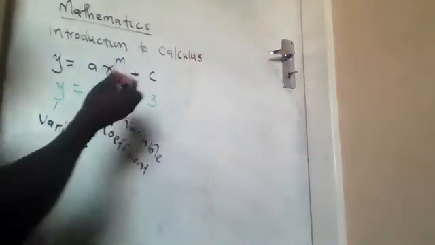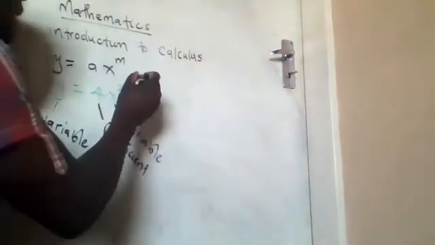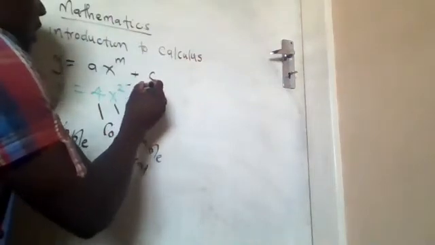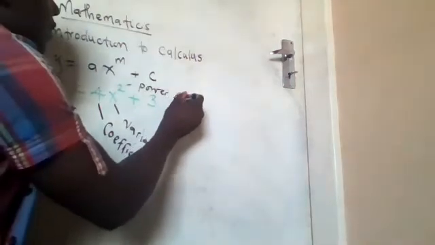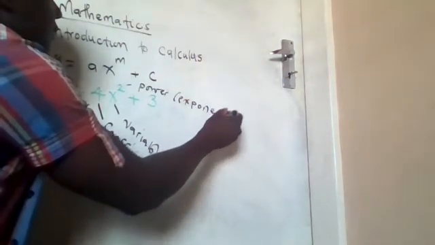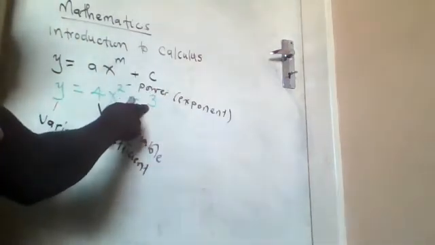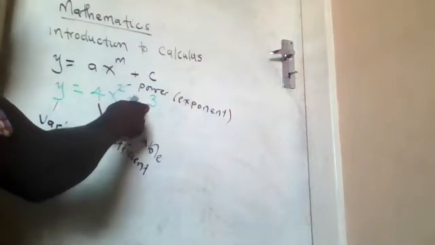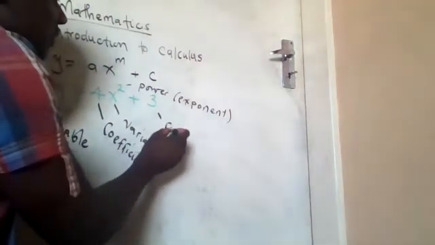And this 2 here, which is being represented by m, is a power, or you can call it an exponent. C, which is being represented by 3, that number which does not have a variable is called a constant.